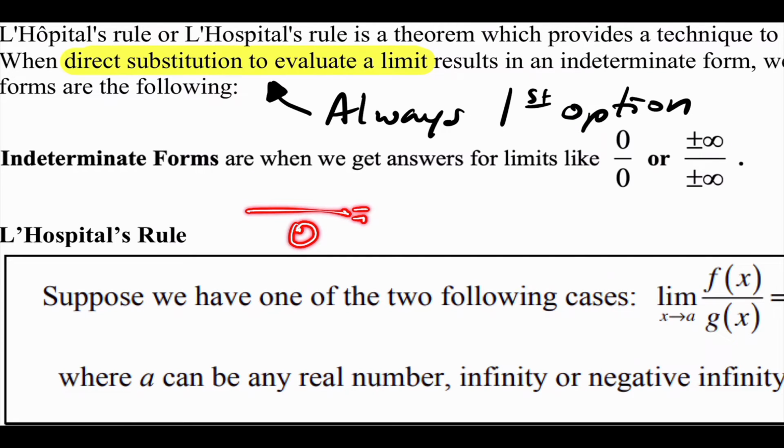If we get a 0 on bottom, that means we don't have a number. Undefined, right? We know those two answers. But what if we have a 0 on top and a 0 on bottom? Is the answer 0 or is it undefined? We don't know. That's why it's called indeterminate form. We don't know because it falls under both rules. 0 on top equals 0. 0 on bottom equals undefined. But if it has both, we don't know.